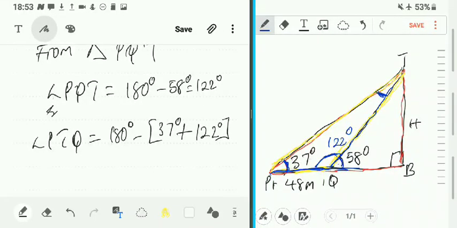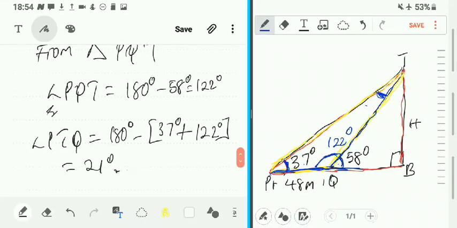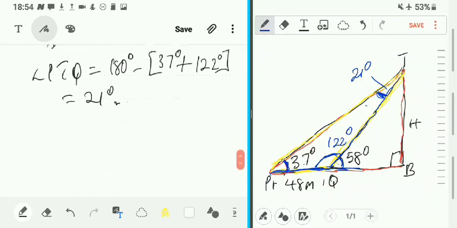I'm subtracting the sum of these two angles from 180 because the total sum of angles in a triangle is 180 degrees. So I get 21 degrees as my answer.